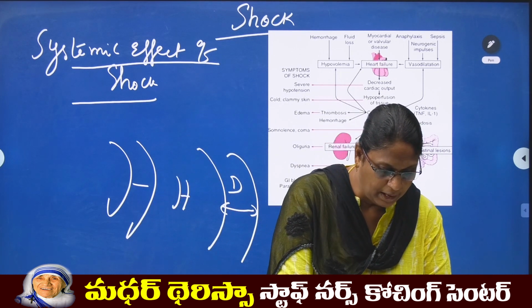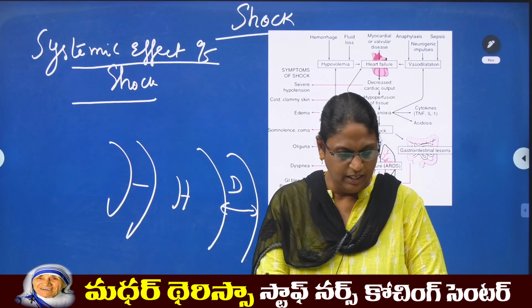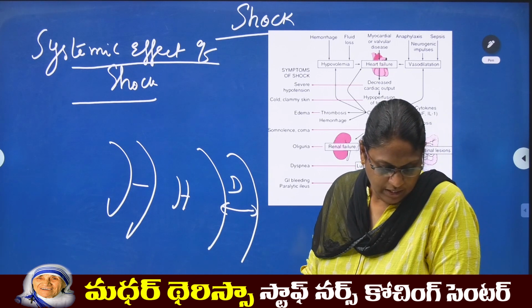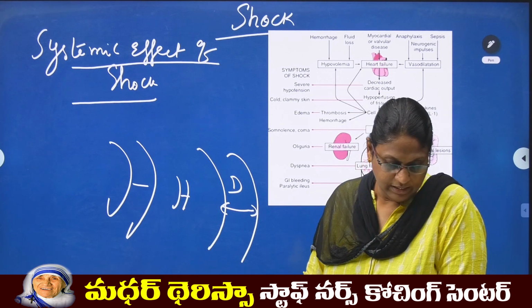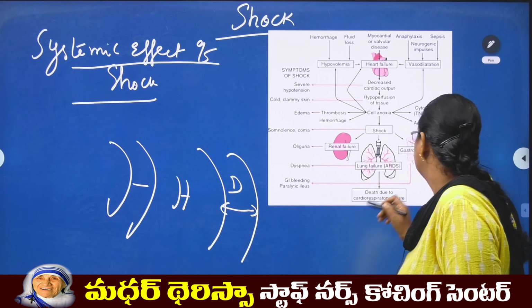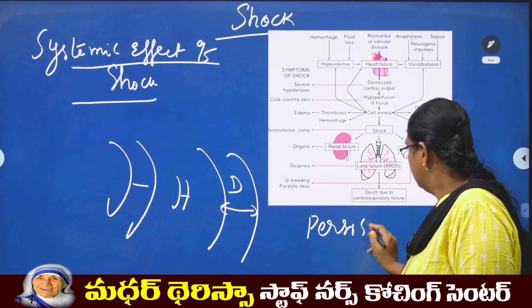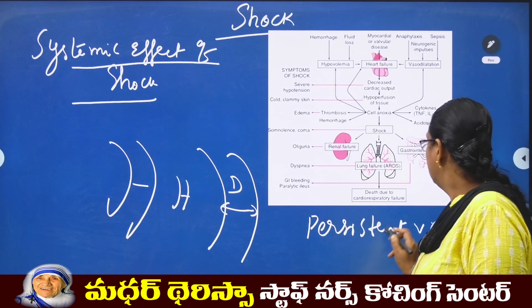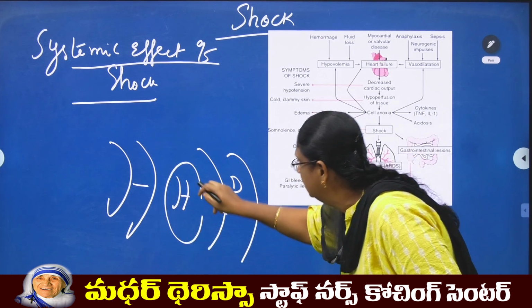Persistent compensatory vasoconstriction is seen here in the picture, right? Dilation, vasoconstriction, peripheral, persistent compensatory vasoconstriction. Why is this vasoconstriction going to occur?